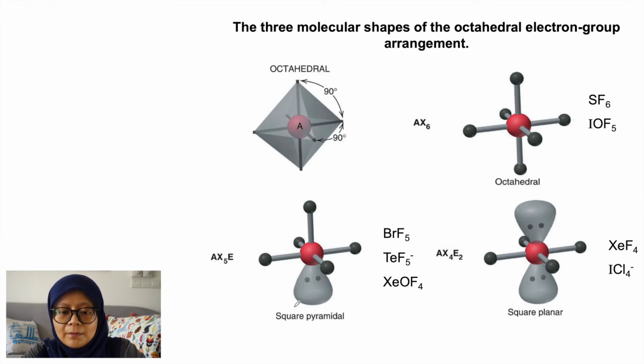We have square pyramidal with one lone pair and five bonded atoms, and last but not least, square planar with two lone pairs on the central atom and four bonds. Based on electron repulsion, or what we call VSEPR, we can predict the molecular geometry.